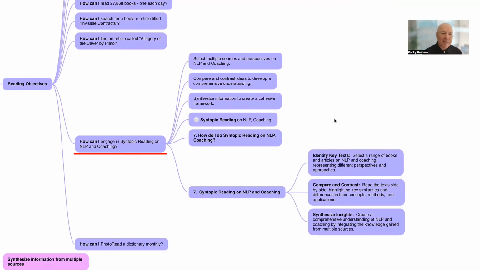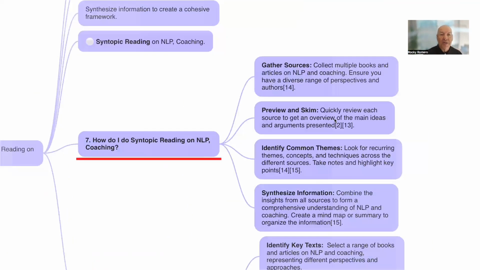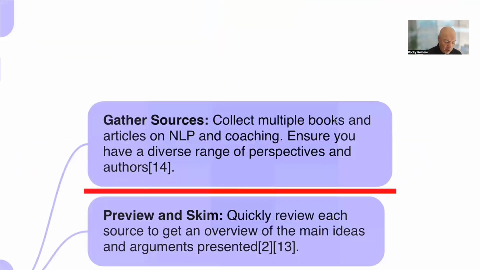Like Peter Diamandis has different books, on The Future Is Faster Than You Think, as well as on flow state. With the same author and very similar topics, I can do syntopic reading and actually photo read each of those books. So how does it work?